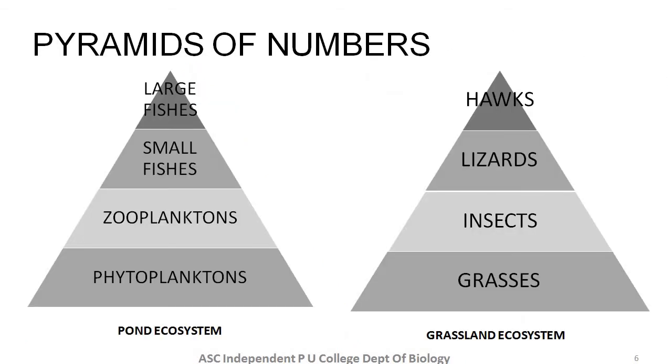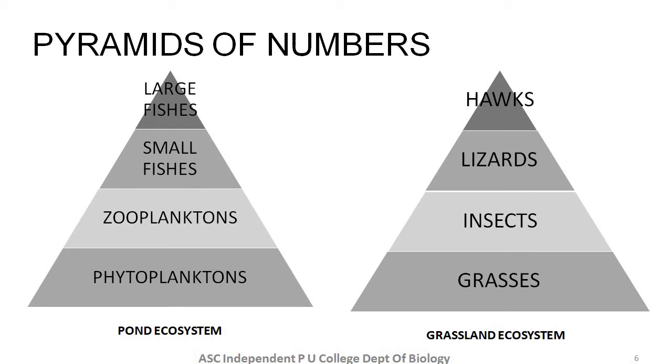Pyramids of number. A pyramid of numbers is a graphical representation of numerical strength of various populations in different trophic levels per unit area of an ecosystem, with producers forming the base, intermediate levels forming intermediate tiers, and the apex formed by top carnivores.